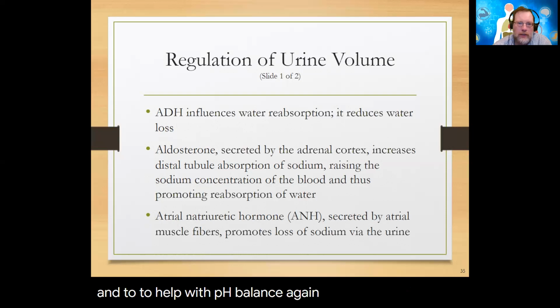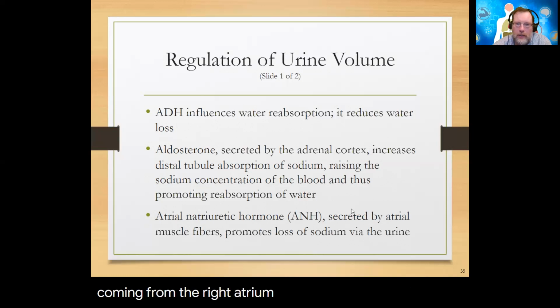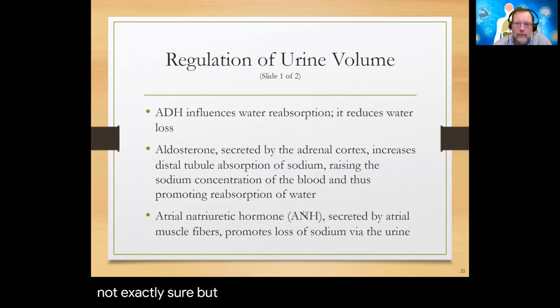Again, under stress. So anyhow, once all of that settles down, the stressors are over, we can kick in atrial natriuretic hormone. So that's coming from the right atrium. I believe the left atrium too. I'm not exactly sure, but it promotes sodium loss.